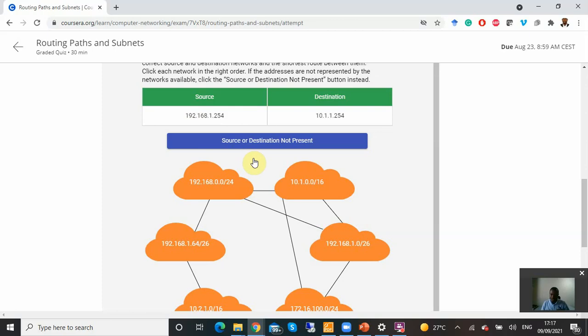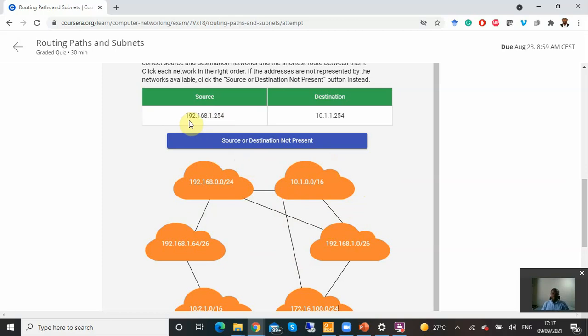So in order for you to be able to answer this question correctly, you must first of all take note of the network ID of each and every corresponding source and destination with respect to the network space IPv4 address.